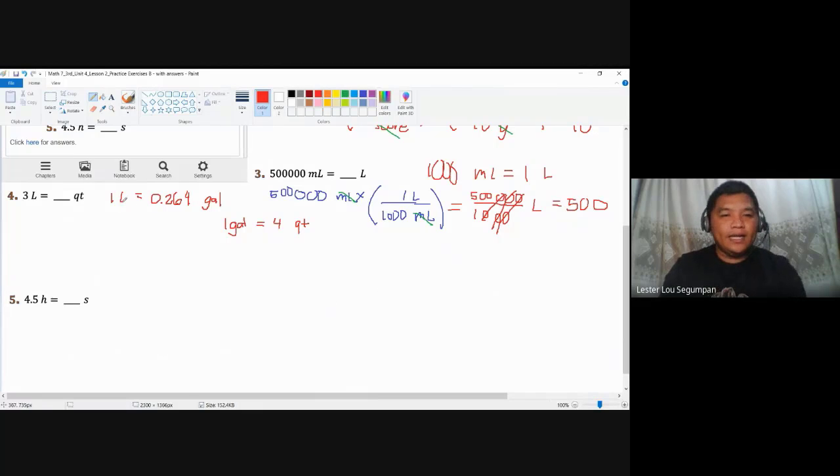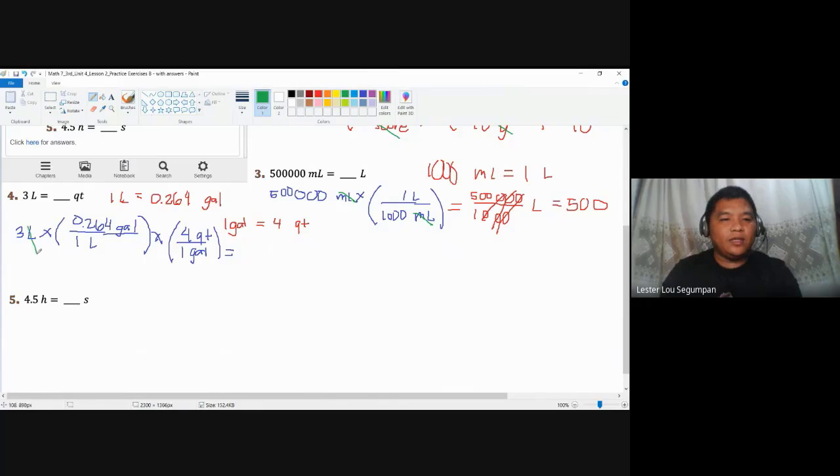Again, we don't have a relationship between liters to quarts, but we could pass through gallons. So we have 3 liters times 1 liter is 0.264 gallons, times 1 gallon is 4 quarts. I remove all units that can be removed and multiply, since all denominators are 1.